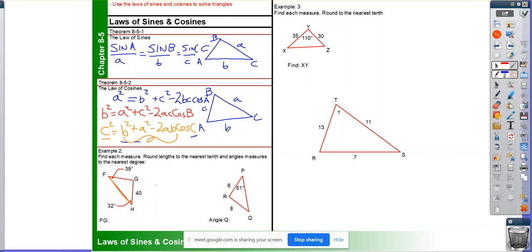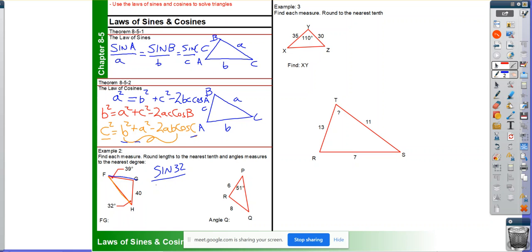All right, so how are we going to set this problem up? We could do sine of 32 over 33.7, FG. Well, hold on a second. The sine of 32 is going to relate to FG, right? Do we know what FG is right now?